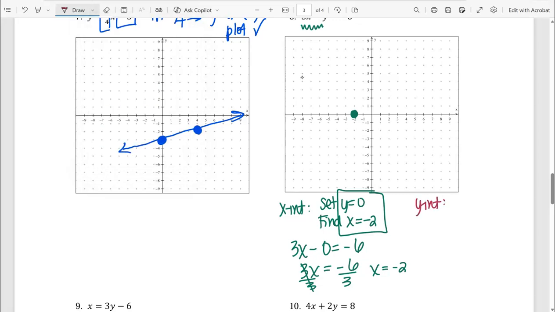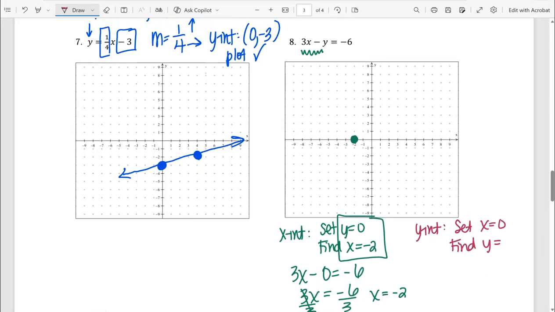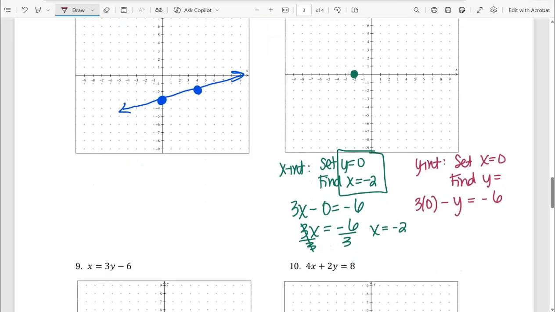For my y-intercept, that's when I set x equals 0 and find the y value. So I have 3 times 0 minus y equals -6. But 3 times 0 zeros out. And 0 minus y, the 0 just disappears.